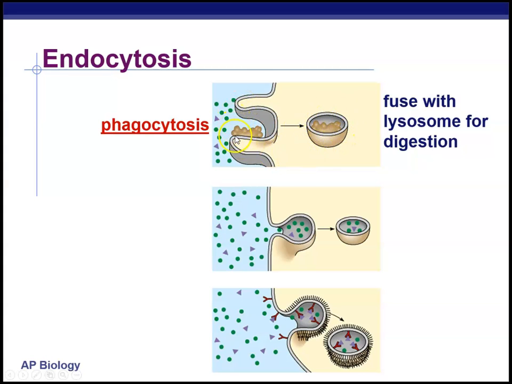Remember, the phospholipids are always moving and can close off as soon as these two edges touch. Then, once we've got what's called our food vacuole, it can fuse with a lysosome, which has digestive enzymes, and then digest that food. It would then be called the digestion vacuole. This is the process of phagocytosis. It's a type of endocytosis, or cell eating.